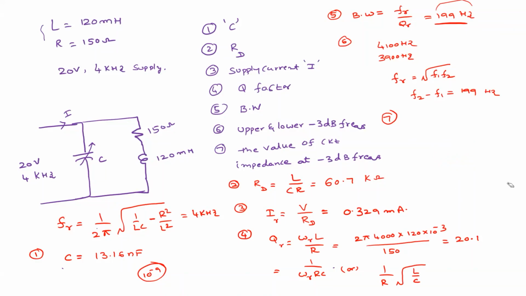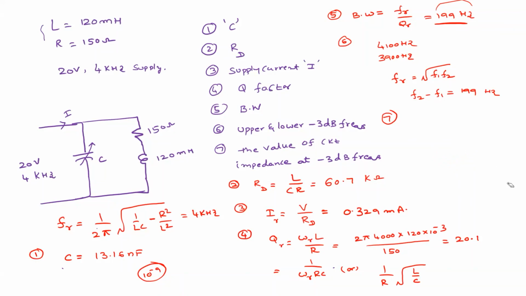Next one, the value of circuit impedance at the minus 3 dB frequency. Sir, what is the answer, root 2 upon RD? RD by root 2, sir.